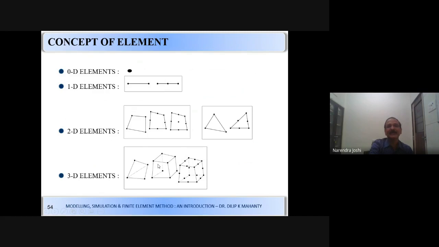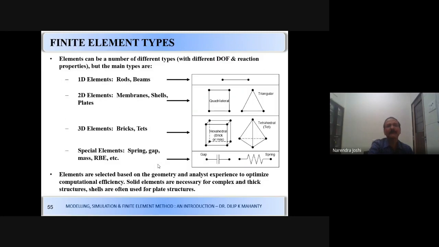Now, three-dimensional elements basically show you the different volumes. So, in effect, through the concept of finite elements, I can capture objects of any kind from 0 to 3 dimensions. Here is a simplified example of different types of elements. Rod and beam elements are very widely used for building structure construction and basic analysis.